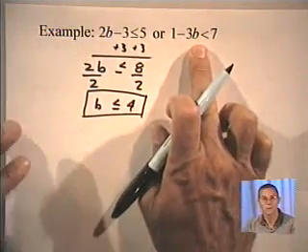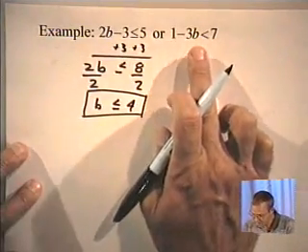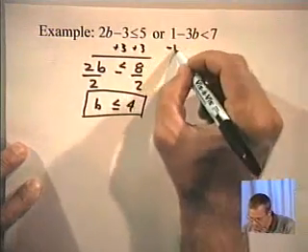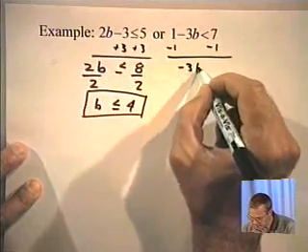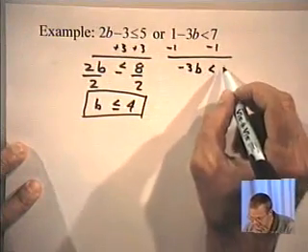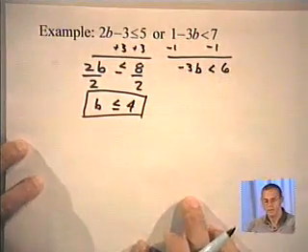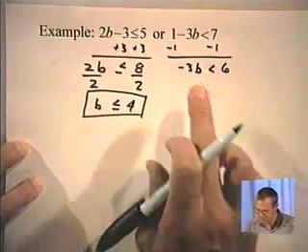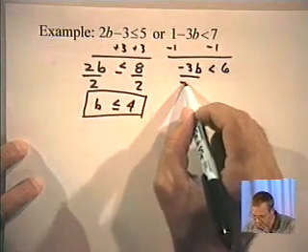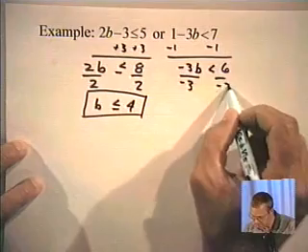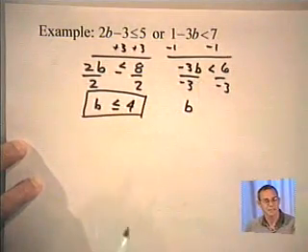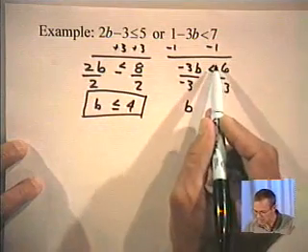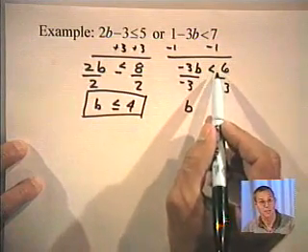Now I'll go ahead and solve this one. Why don't we subtract 1 from both sides? Negative 3b less than 6. Now we want to solve for b, so I'll divide both sides by negative 3. Remember, when I'm dividing or multiplying by a negative value, I must invert or switch the direction of the inequality.